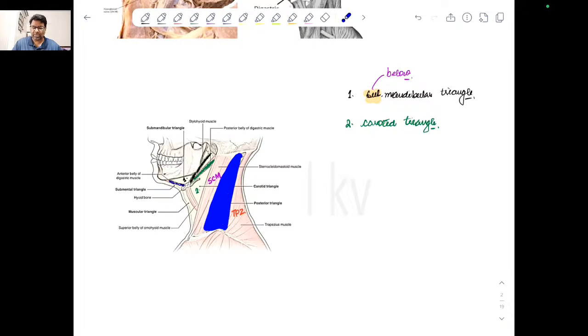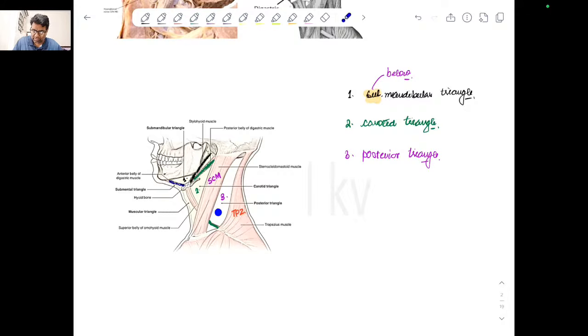Okay, so this is the posterior triangle. And again, if I write here, so this is the posterior triangle.